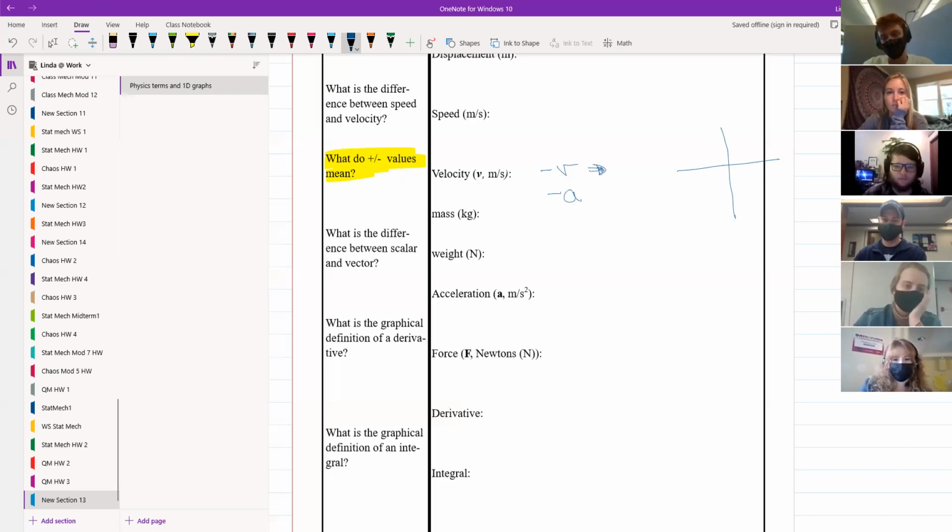And all that says is that I have some random vector and I get to choose how I'm defining positive and negative. So I can do this. You'll see me doing it as we move on to two-dimensional motion a lot. I'll say, okay, I'm defining the standard as positive and negative. So if I have a negative velocity, that means that my vector would be going this way, not this way.